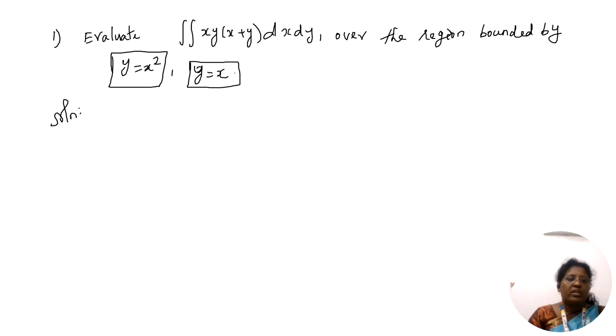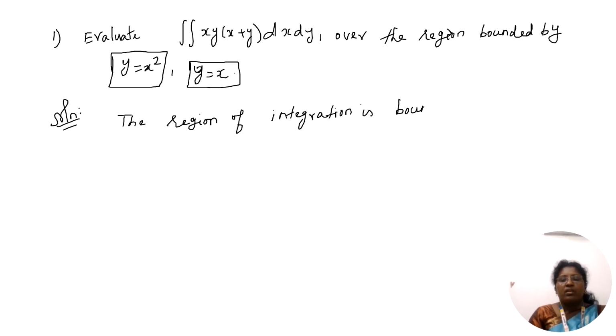The region of integration is bounded by the curve y is equal to x square and the line y is equal to x. So first let us draw the diagram using the given line and the curve.